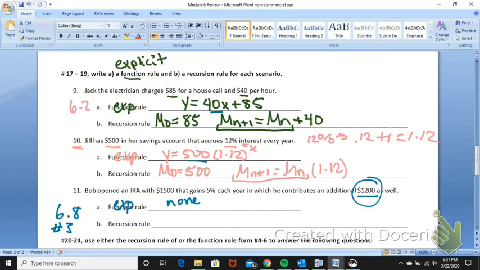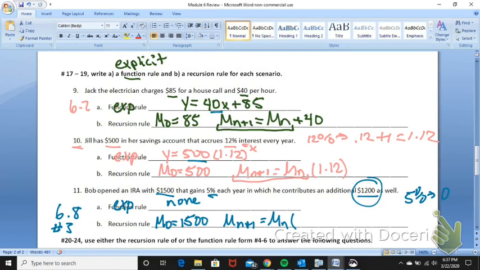So it says that he starts out right here with this 1,500. So m of 0 equals 1,500. When we go and do the next part, it's the same setup of m of n plus 1 equals m of n. Now with this 1,500, we're going to get this 5% added on. Like the problem before, this is going to be growth. So we're going to take this 5%.